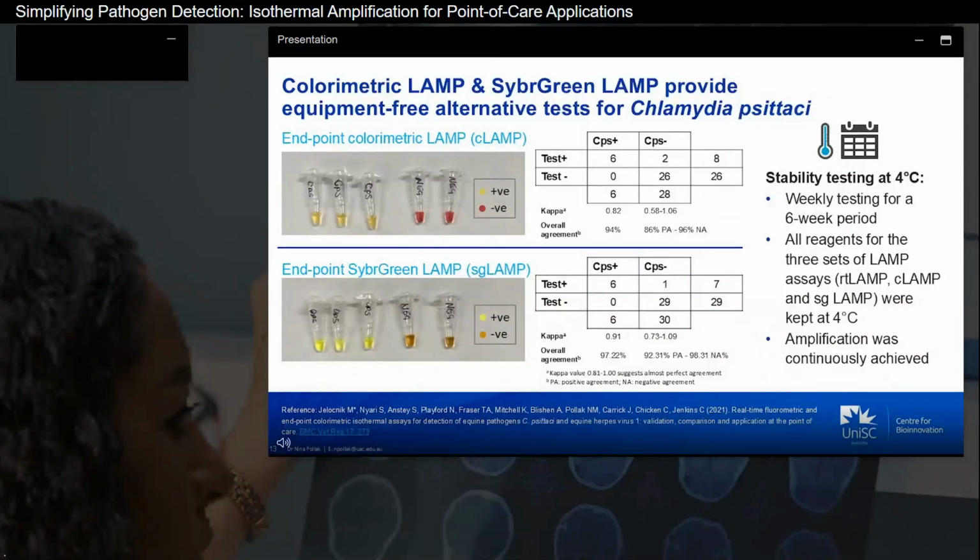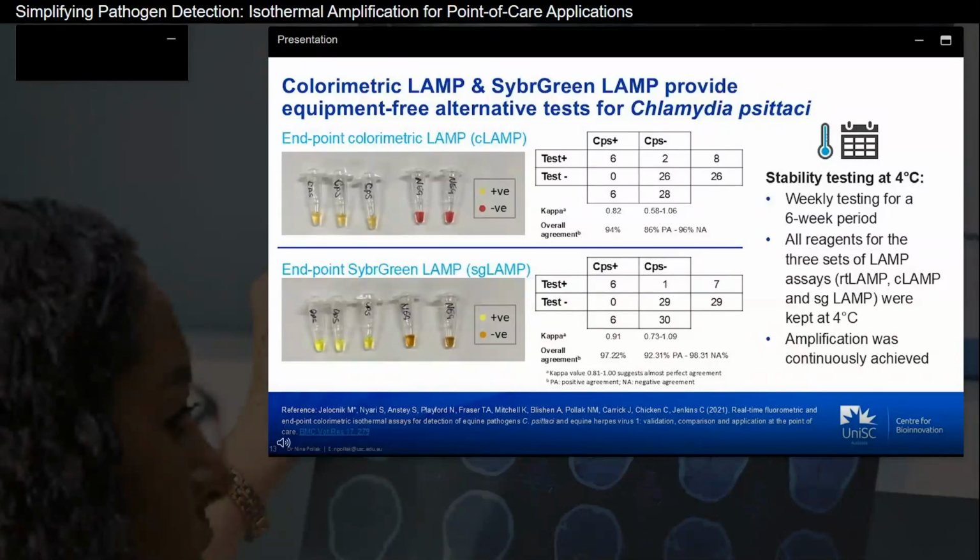In our tests, colorimetric and CYBR Green LAMP showed 94% and 97% congruence with quantitative PCR, compared to the 100% congruence achieved with the real-time LAMP assay that I just presented in the previous slide. We also assessed the stability of these assays at 4 degrees over a 6-week period, as decentralized testing environments may not always support minus 20-degree storage.